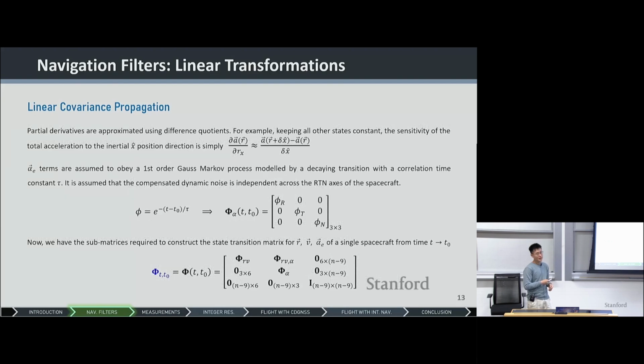And you can always estimate any derivative based on finite differences, right? If you have access to what f is, you know what your force model is. So what happens if you perturb your x position?